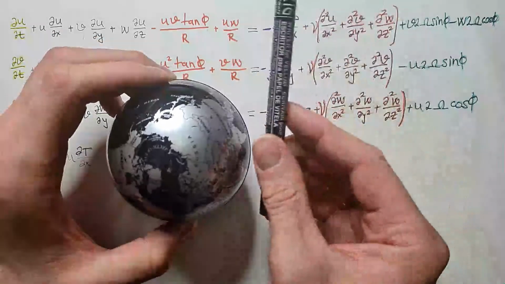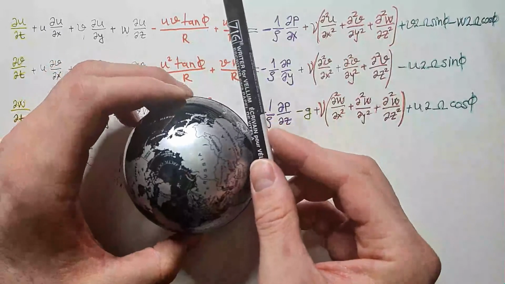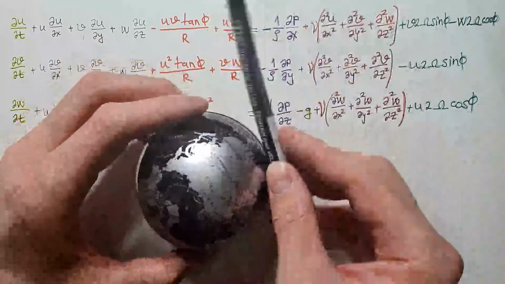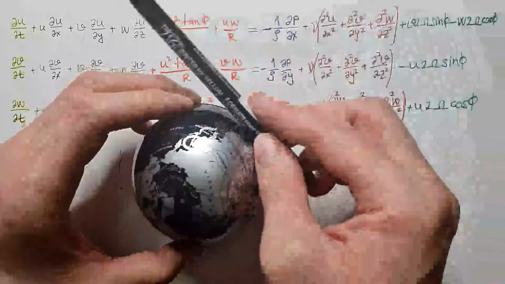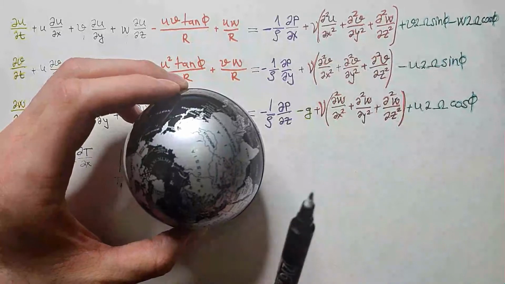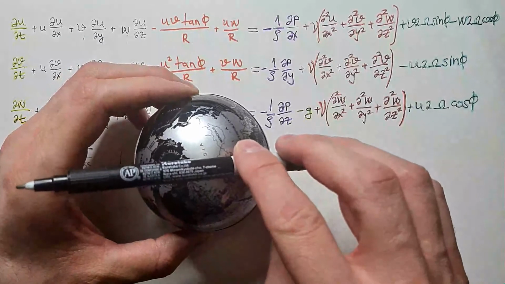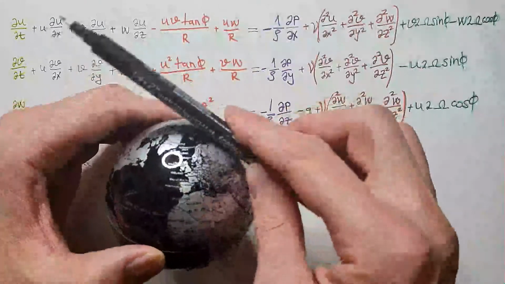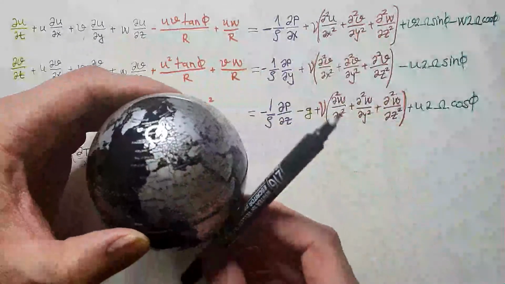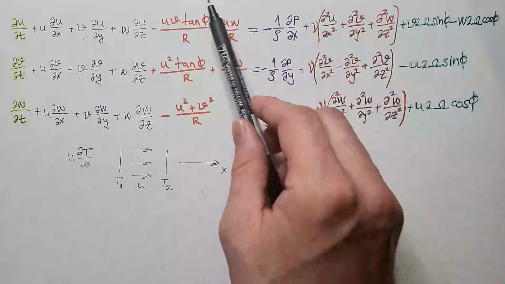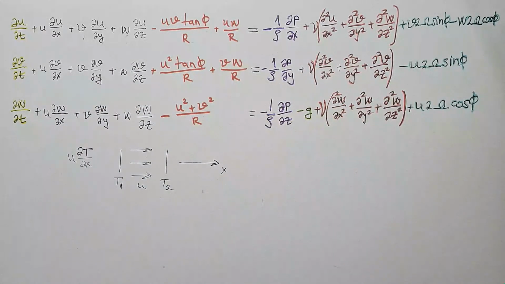If this is the i unit vector, and that is positive eastward, then look, as we go around the sphere, the orientation of this vector changes. The same is for the j vector, that is positive north. As the air is moving in the latitudinal direction, the orientation changes. And these terms explain these changes.